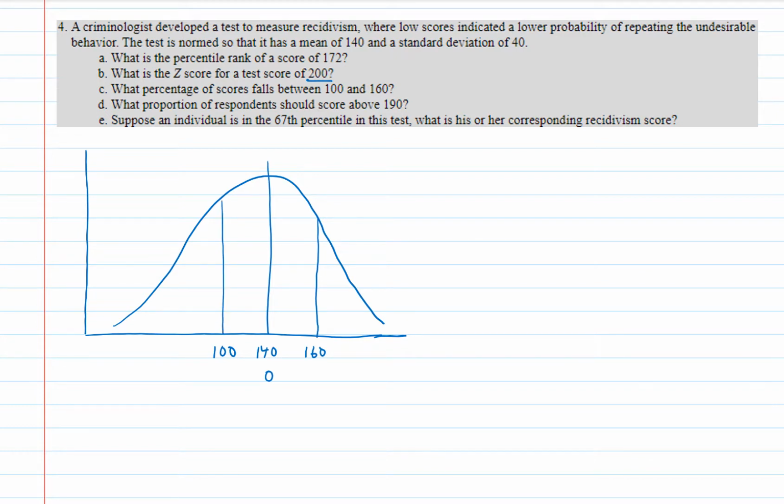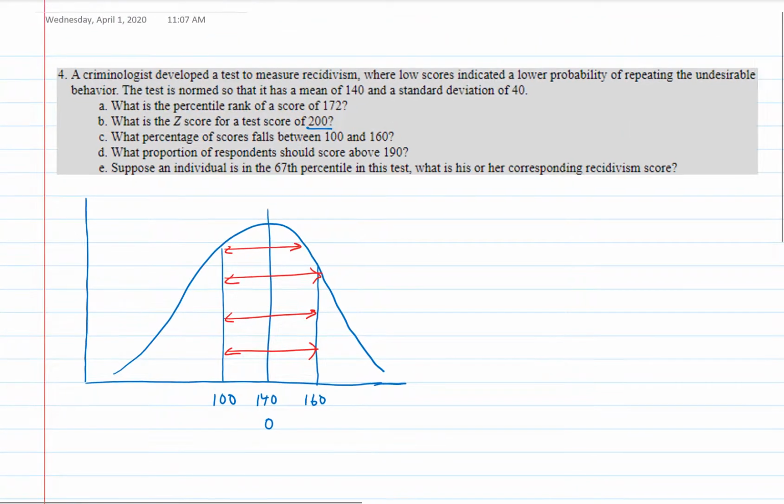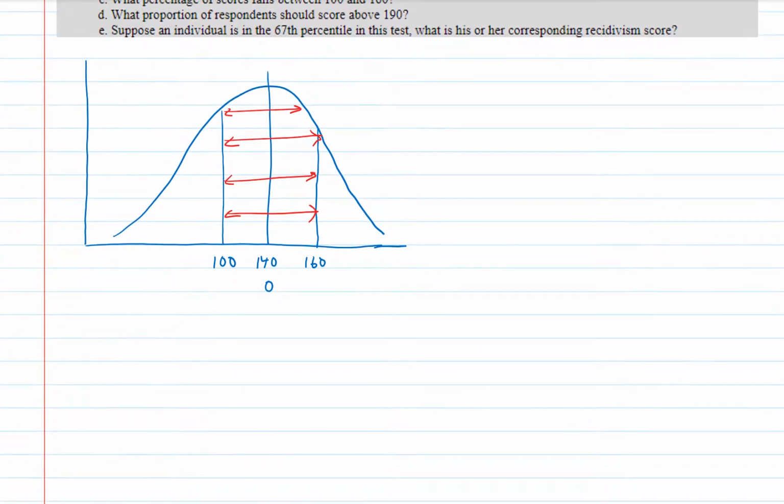So we need two z-values, right? We need the z-value associated with 160, and we need the z-value associated with 100. So we'll solve for those right away.